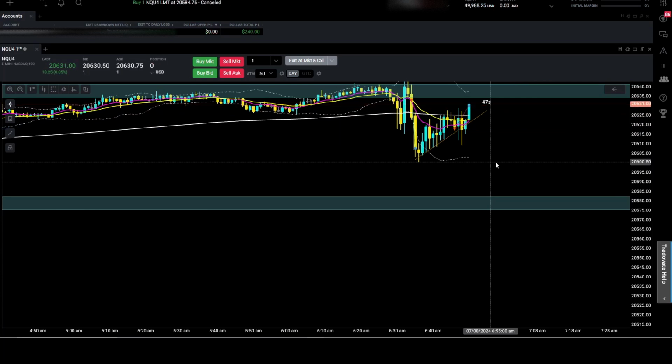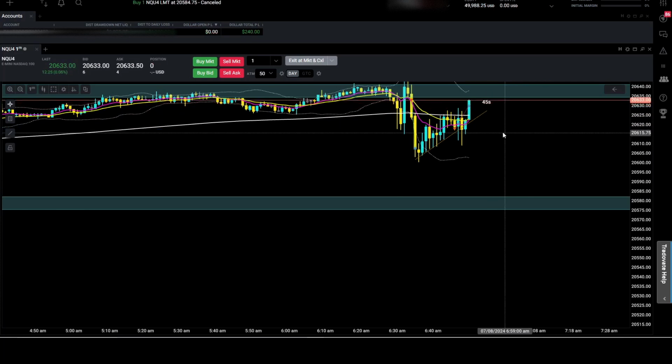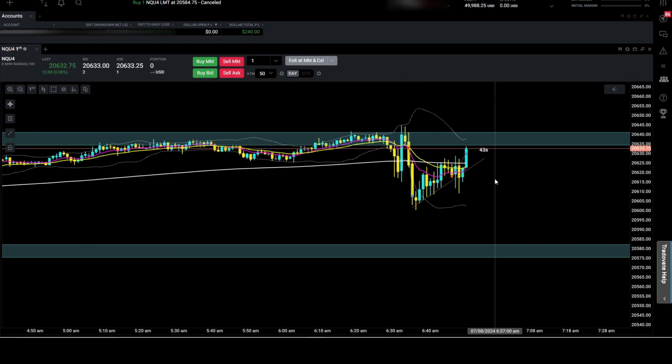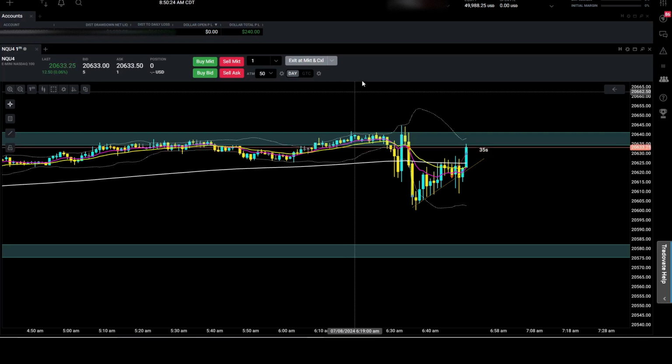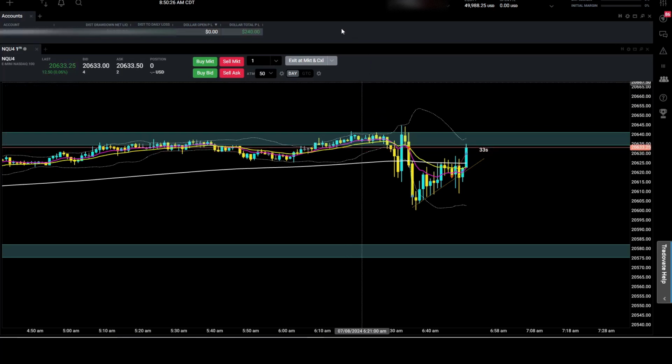Stop filled. So unfortunately we did get stopped out. $250 loss, but that is precisely why I go for a target that is 2 times the risk. Won one trade, lost one. Still up on the day a little bit for now.